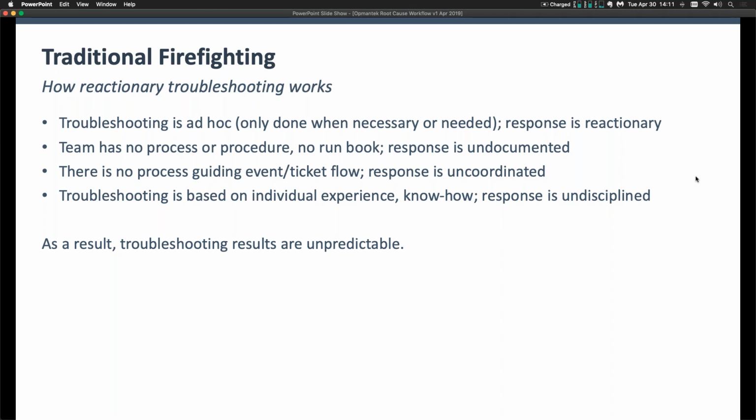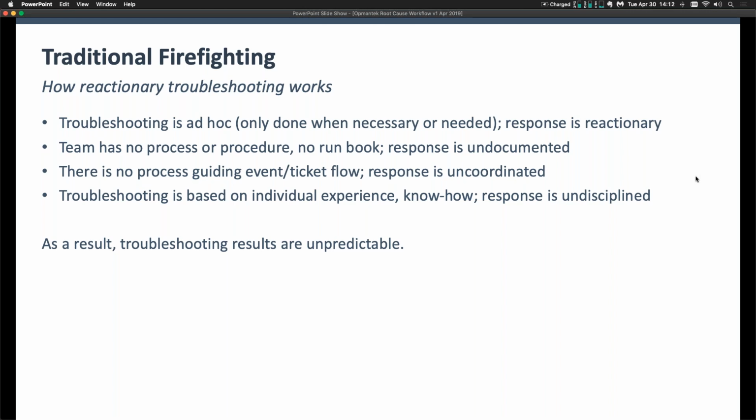Whereas more junior engineers, or engineers who aren't familiar with those pieces of equipment, oftentimes approach troubleshooting from a more undisciplined approach. So having things documented, having a process in place, helps pull all of those together.